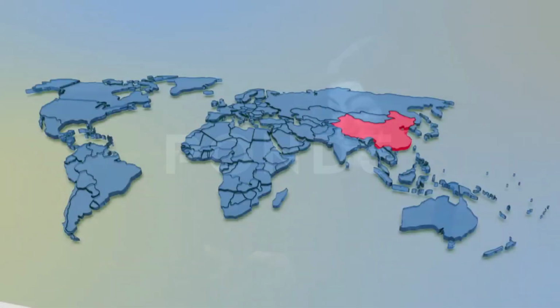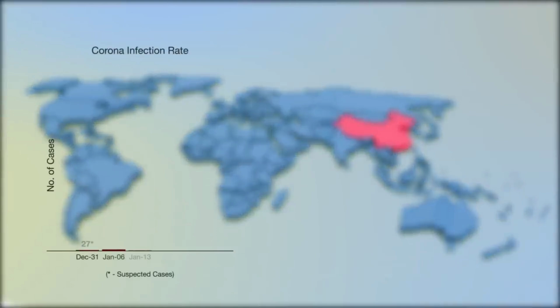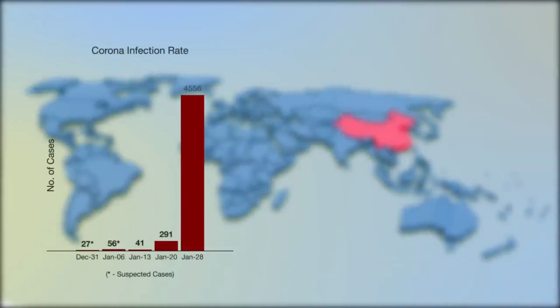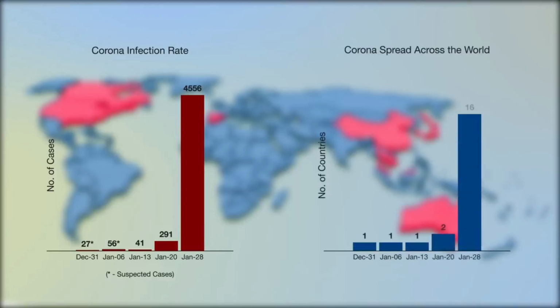An outbreak of coronavirus infections in the Wuhan province of China in December 2019 is threatening to emerge as the next pandemic. At current count, over 4,556 cases and 106 deaths reported in China, and approximately 100 cases in 15 other countries.